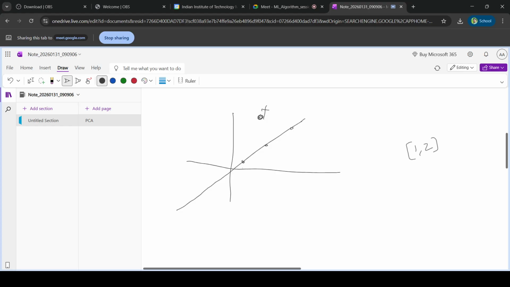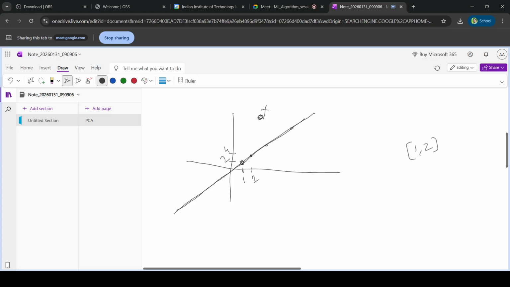Sorry, the measurement is not exactly correct, but consider this as the 1 comma 2 line. So this is the 1 comma 2 point, and you are drawing a line passing through the origin and this point. And this is maybe 2 comma 4.